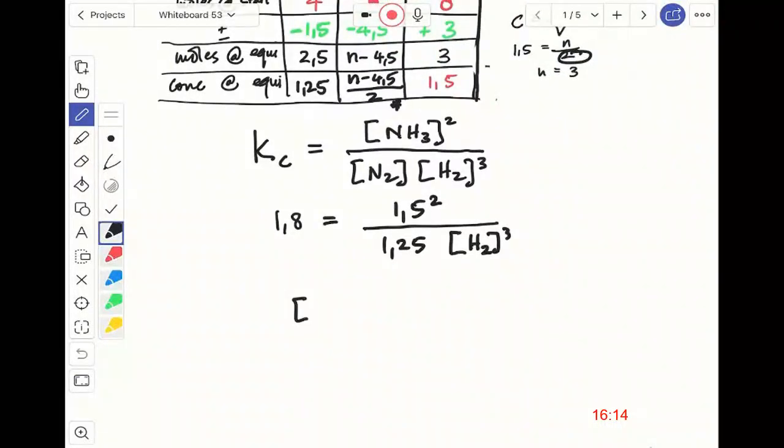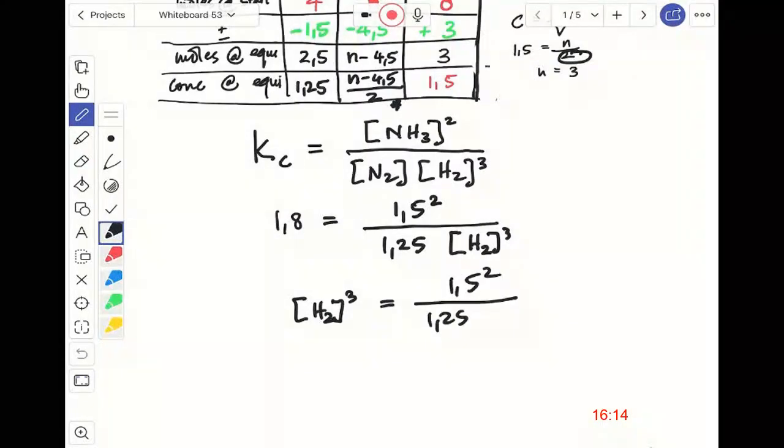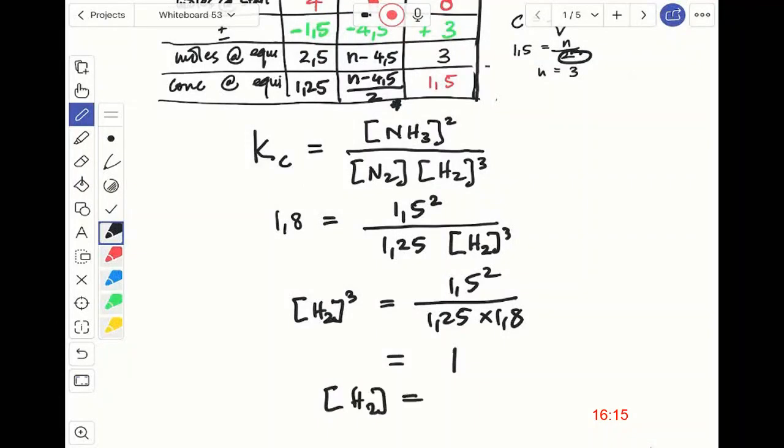I find that the concentration of hydrogen cubed is equal to 1,5 squared divided by 1,25 times 1,8, and put that into the calculator, and I get 1. And that means if that H2 cubed is 1, then the concentration of the hydrogen is also just 1.